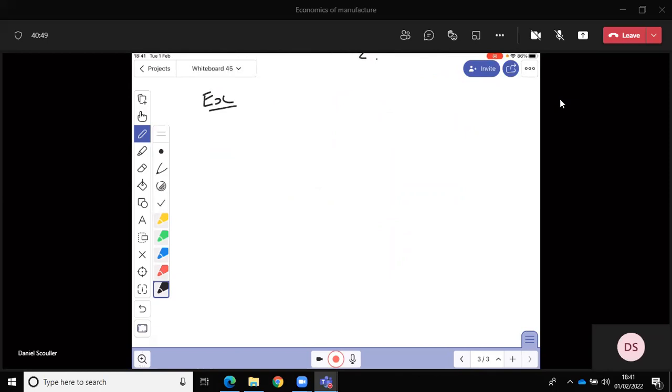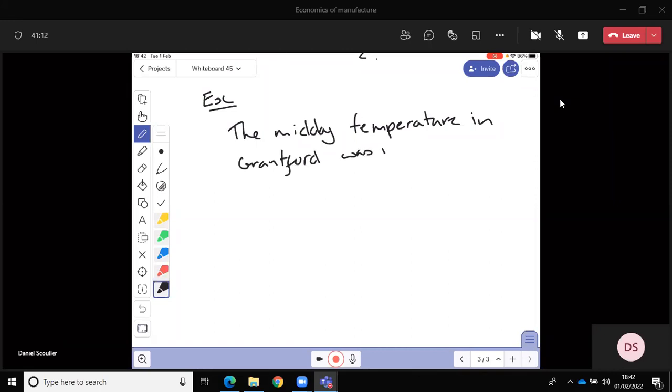So example, the midday temperature in something called Brantford was recorded over a 9-day period.